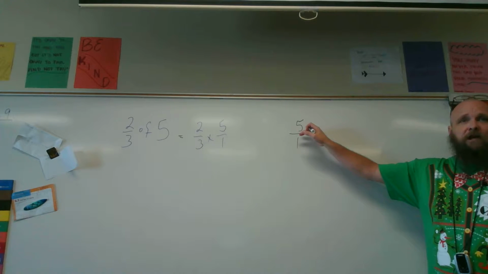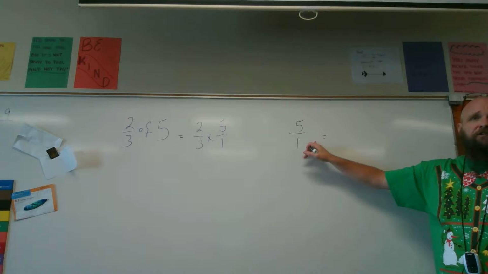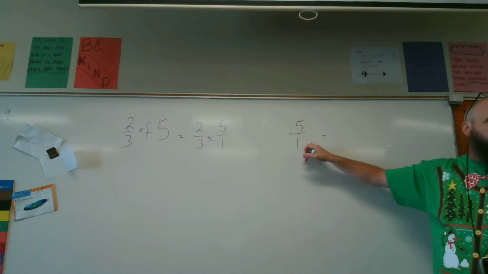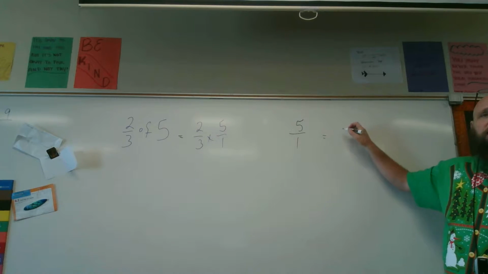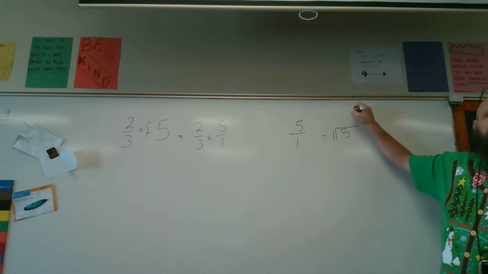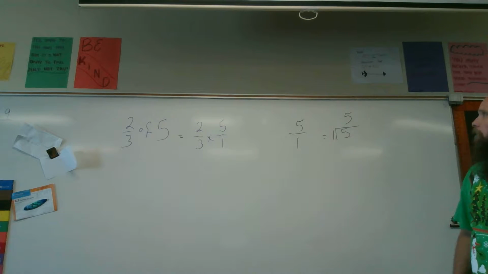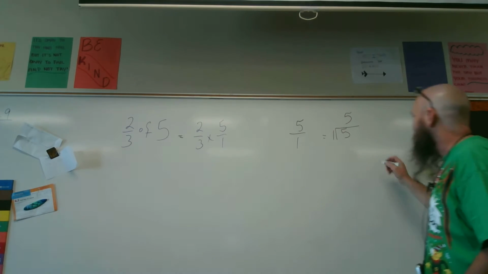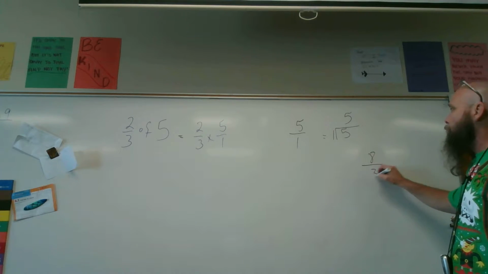So, improper fraction, Mia told me that this is the same as saying 5 divided by 1, because that's how we change an improper fraction, the numerator divided by the denominator. And 5 divided by 1 equals 5. So what if I had 8 thirds?